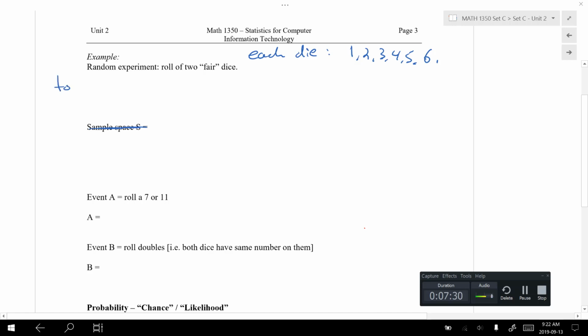So you might be interested in the total of the two dice together, that is, add up the result. We could maybe call this one S1. And these would give us the numbers 2 through 12. So the smallest we could get would be snake eyes, and we would go all the way up to double sixes.